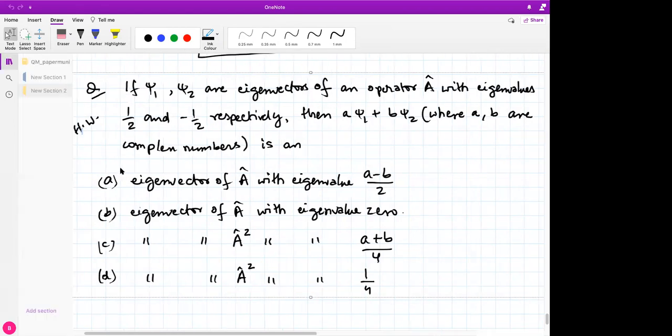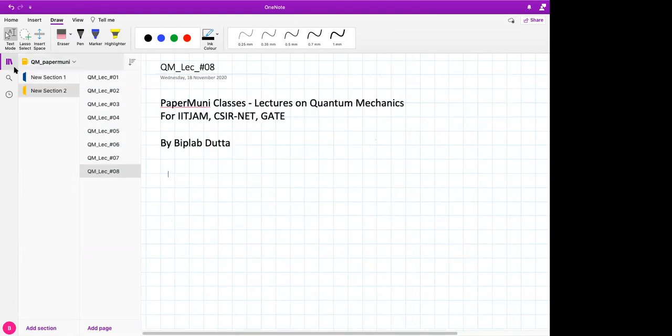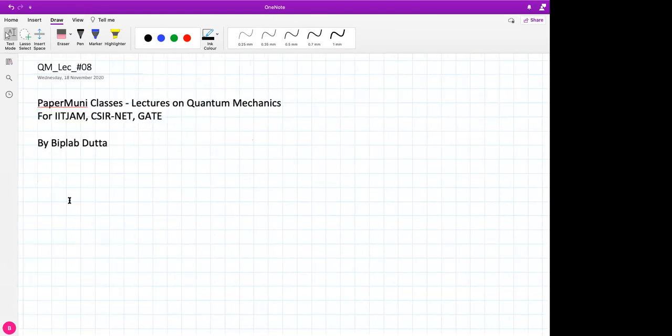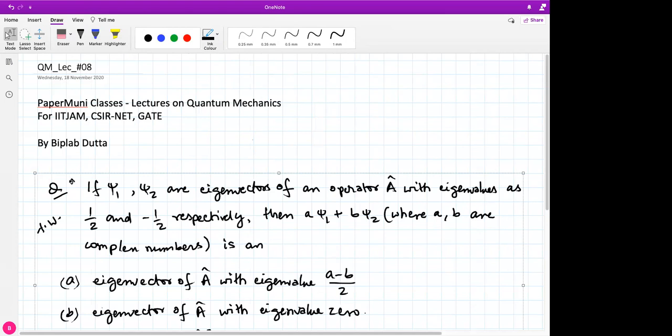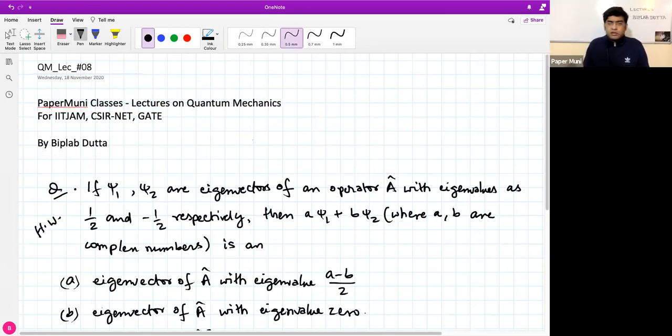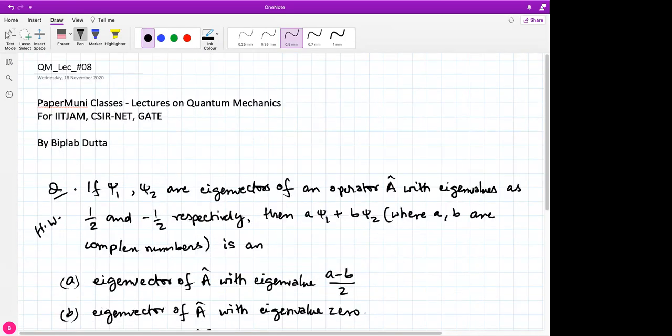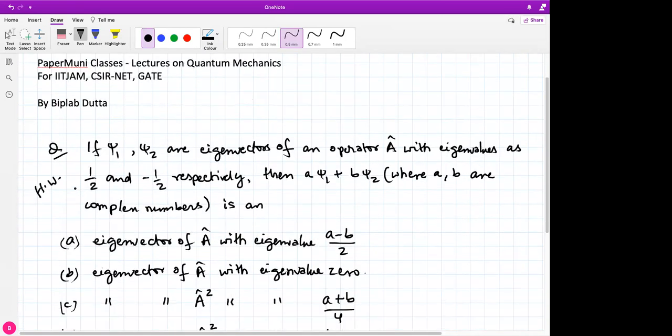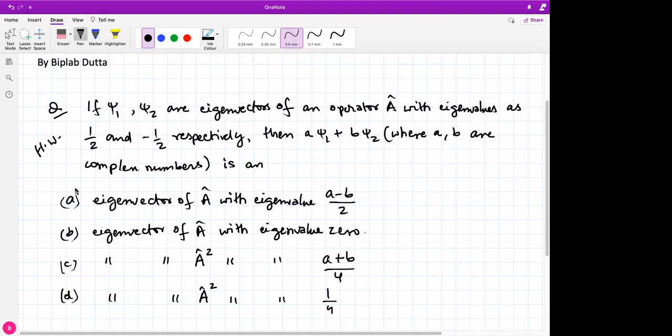Sir, yes. There was another question as well, sir, in yesterday's PDF. Okay, what was the question? Which one of the functions given below represents the eigenfunction of the operator minus d square by dx square in the region 0 to infinity?